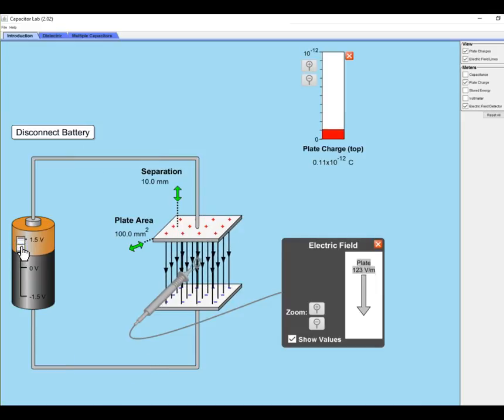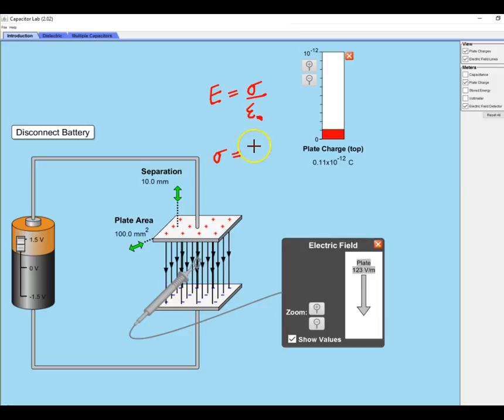So we need to define how the electric field varies. Well, it turns out that the electric field, E in here, is equal to something called sigma divided by epsilon naught. Epsilon naught I introduced earlier. So sigma is known as the surface charge density.